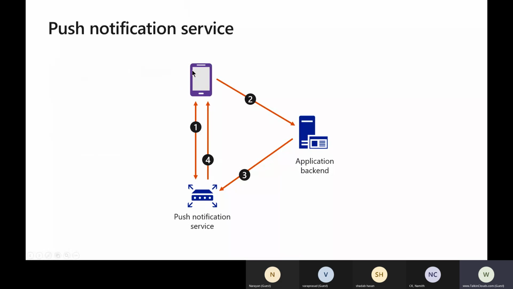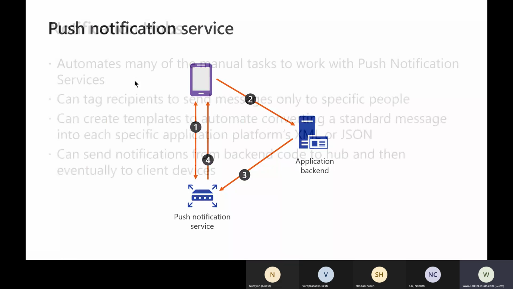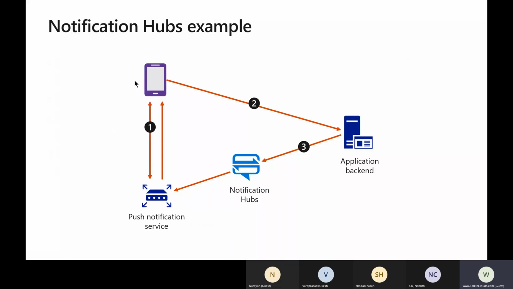You register your mobile to the Notification Hub, and there is a backend server which pushes your data. Any application which wants to send a notification pushes to the Notification Hub, and the Notification Hub will pop up the notification on your device. There are some limitations and challenges with push notification services, so you got this Notification Hub in between.